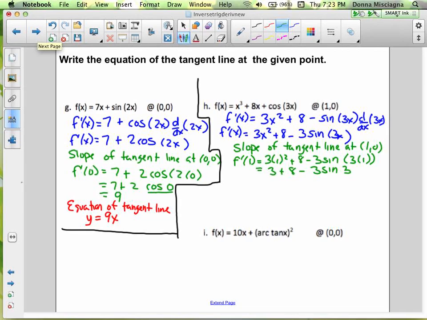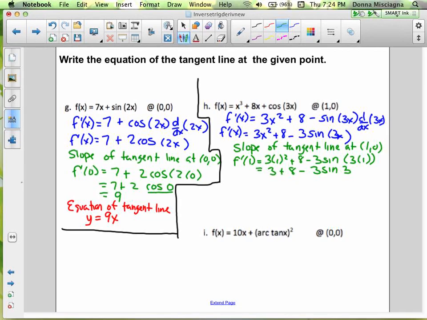Unfortunately, I don't have the greatest of calculators next to me. Let's make sure it's in radians. Okay. All right, so 11 minus 3 sine 3.